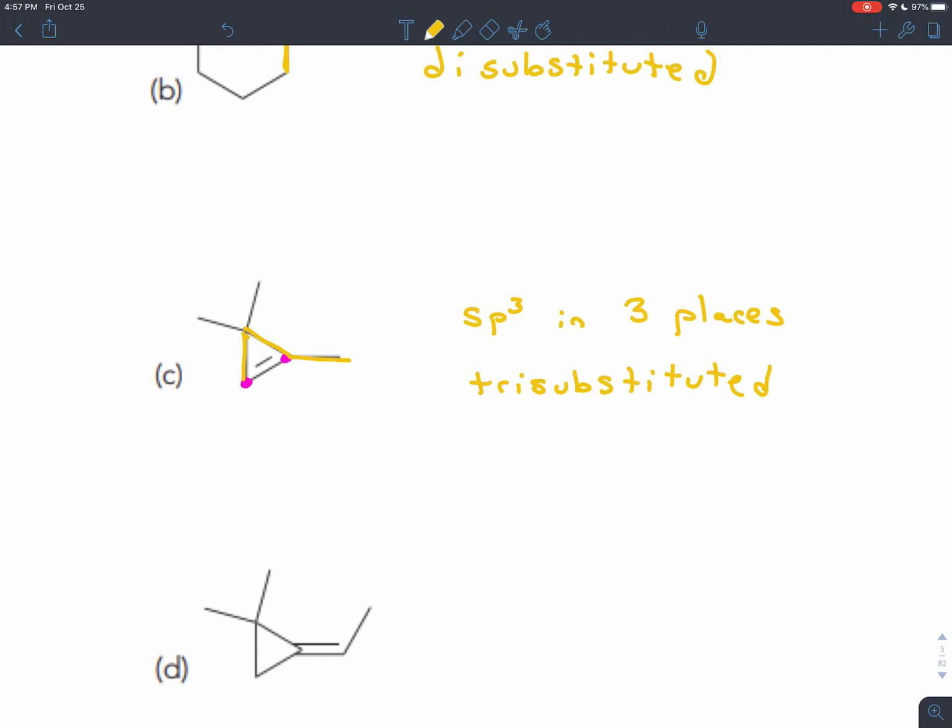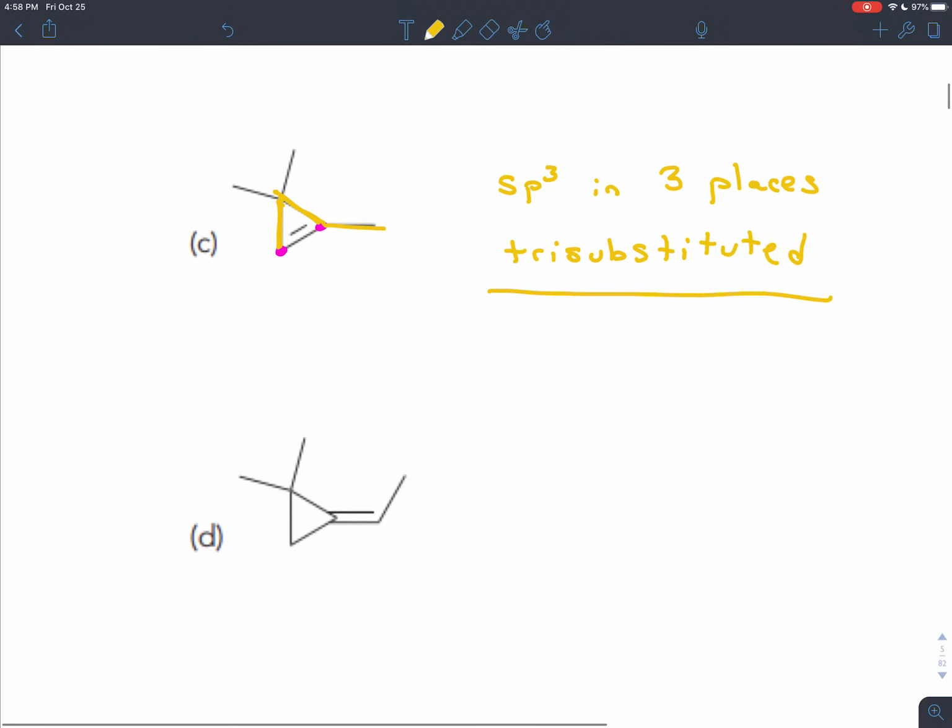It doesn't matter if the water goes to the same place twice. It just matters that there are two holes for the water to leak out in. And so that helps to spread the charge out more. So this is trisubstituted. The electrons are able to leak out of those pi bonds in 3 different ways. And so that is going to be more stable than disubstituted or monosubstituted, but less stable than tetrasubstituted alkenes.